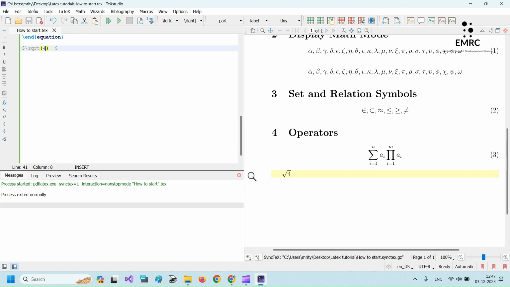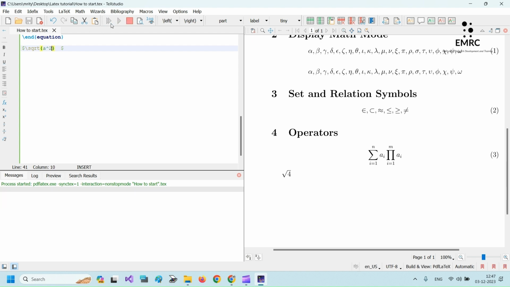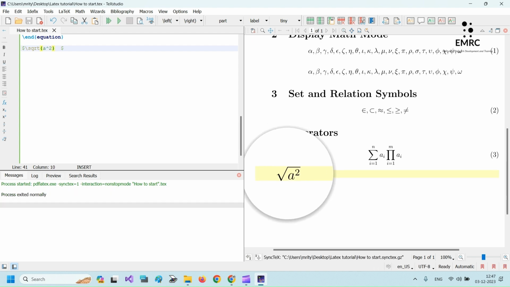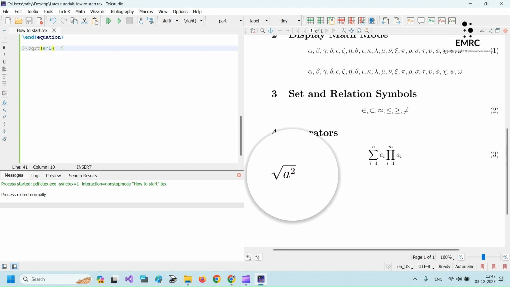It will write it as square root 4. You can replace the argument by a square. It is written like square root of a square.